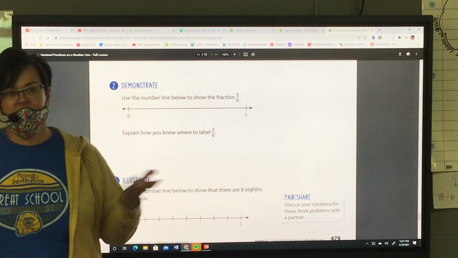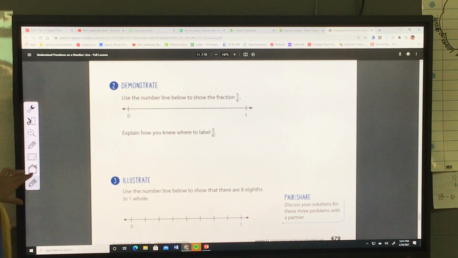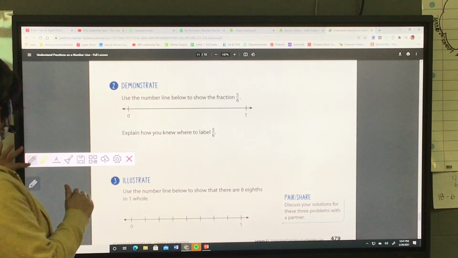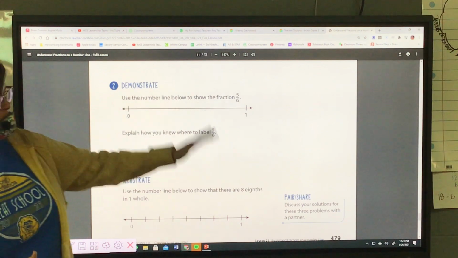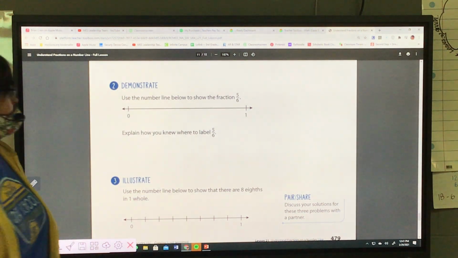What does the denominator tell us? 6. So let's do that first. Go ahead and split your number line into 6 equal parts.